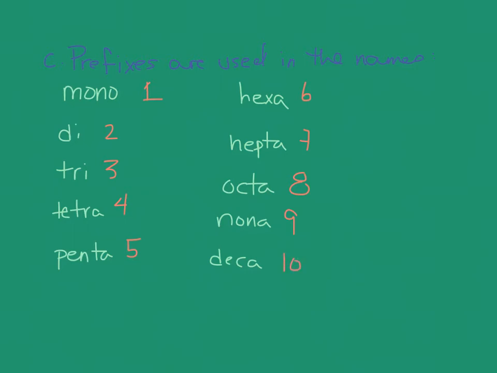So those are your prefixes that you should be familiar with when we're dealing with the naming of covalent compounds. Again, remember, this is covalent compounds we're dealing with. Here are the big rules. The first element: if you're looking at the names, use the element name.